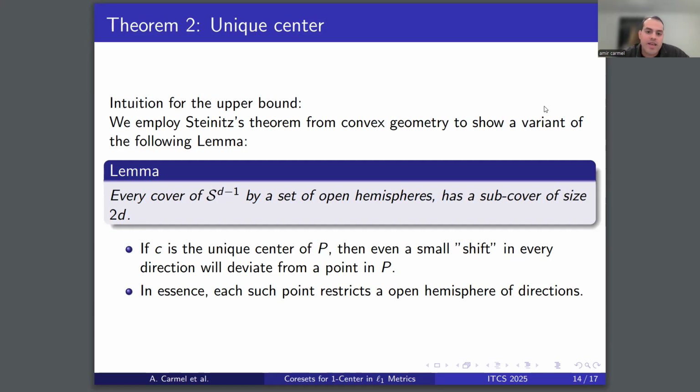If you consider just a small sphere around it, you can't move the point in any direction because you deviate from one point in P. We show that we can associate each set of points with something that restricts some open hemisphere on the sphere. And using this lemma, we managed to show that we can get a coreset of size 2 times d.